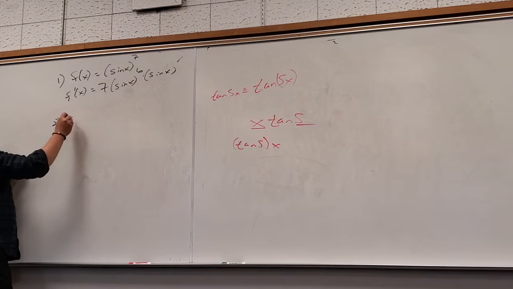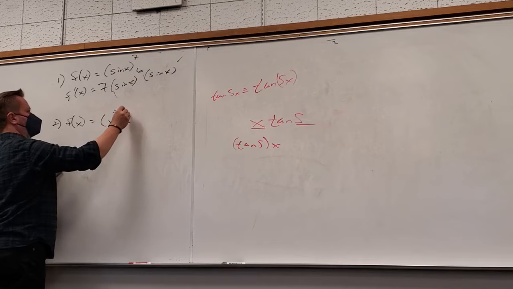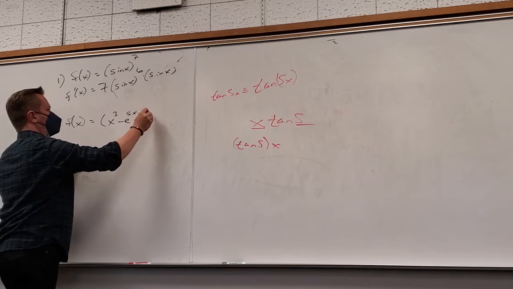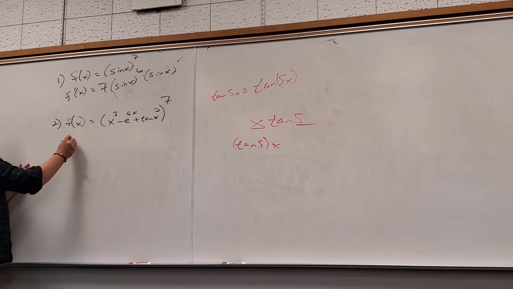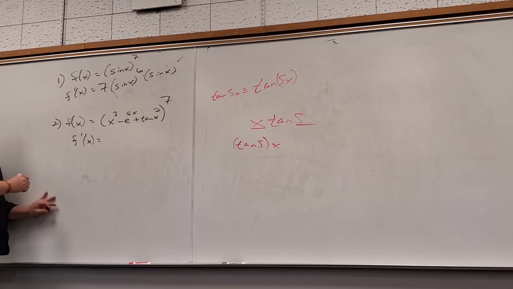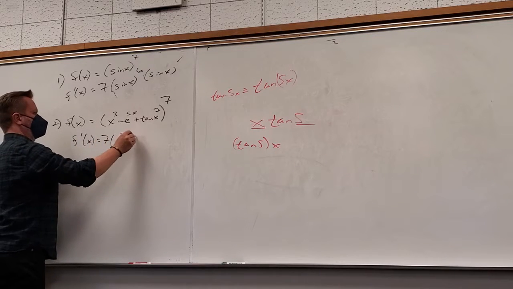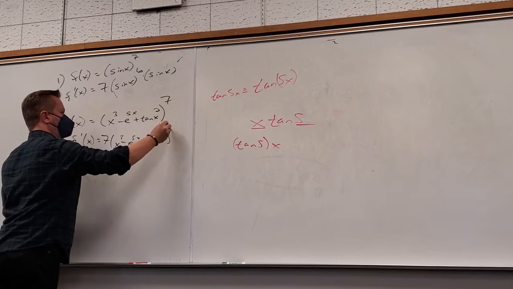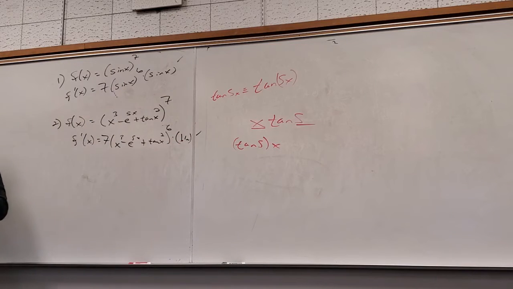What if it was instead this? What would you do? 7 times blah to the 6 times blah prime, right?